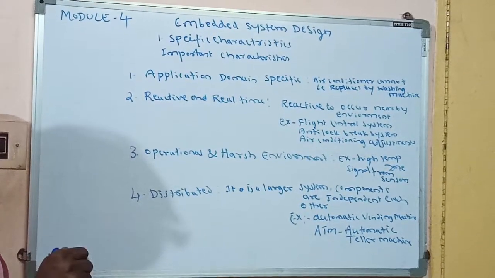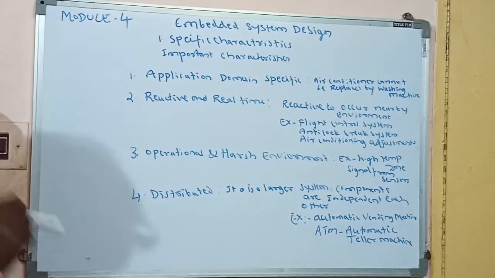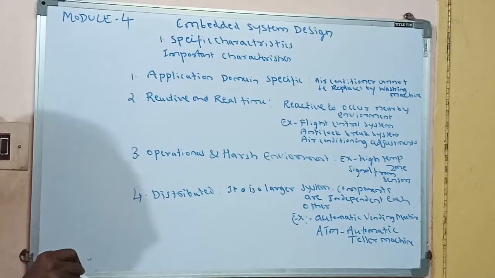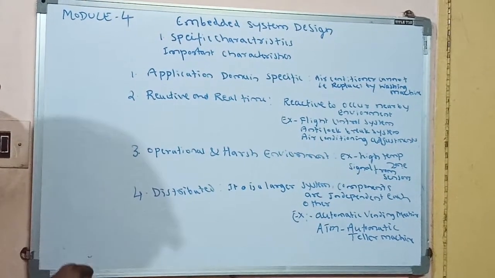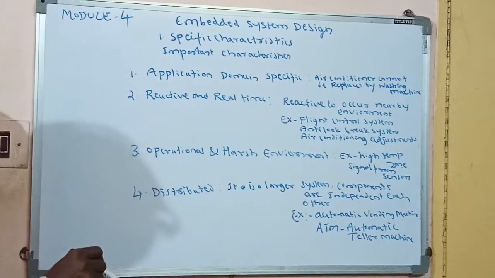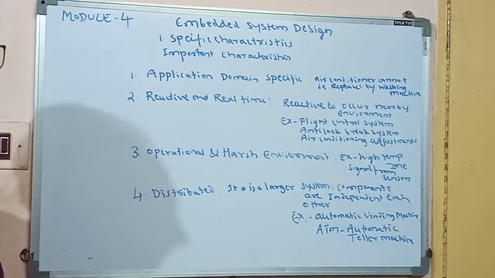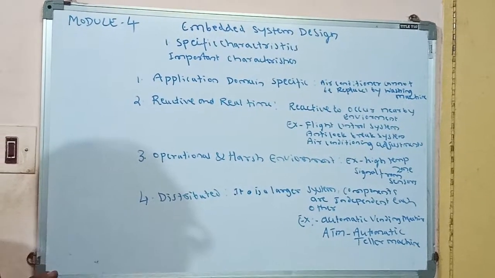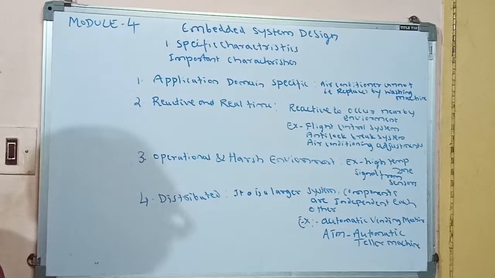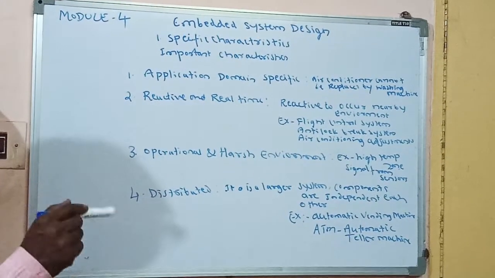So many parameters we are going to learn one by one, which are known as characteristics of a system, or characteristics of electronic components. It governs both software as well as hardware. Combined, we can build a system, and the system specifications and characteristics can be analyzed one by one.